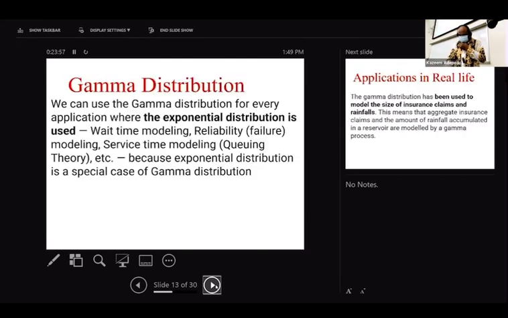But let me tell you this, it also has a lot of applications, like service time modeling, queue theory, and so on. And let me also tell you this, the gamma distribution is another generalization of the exponential distribution.